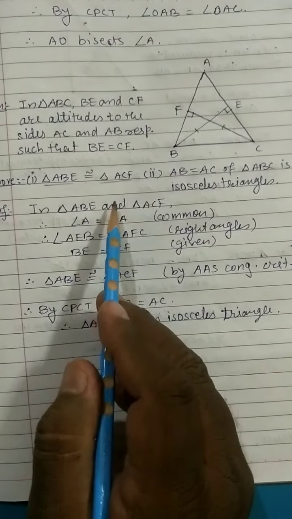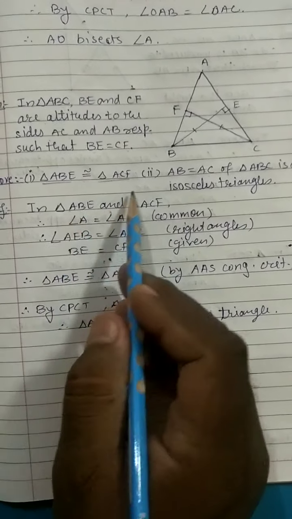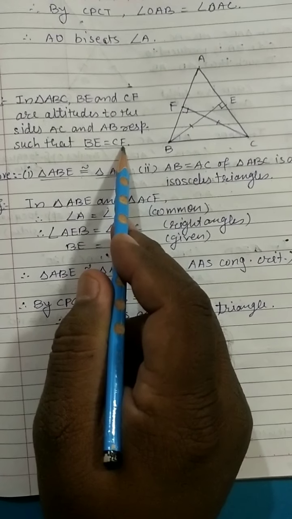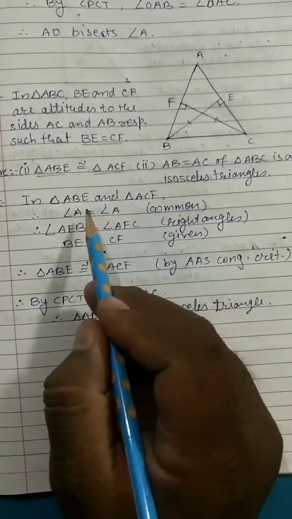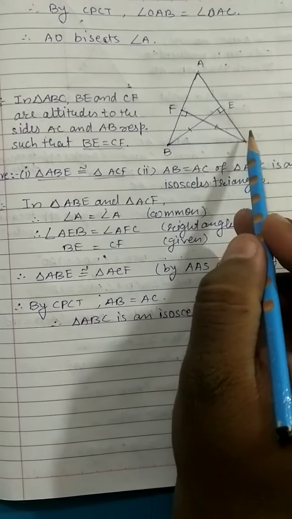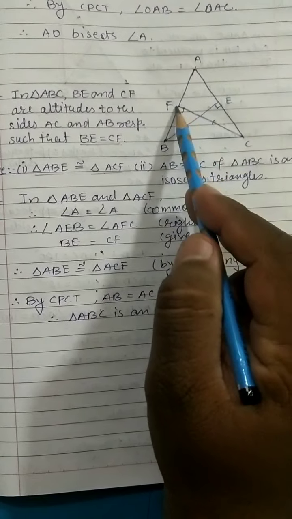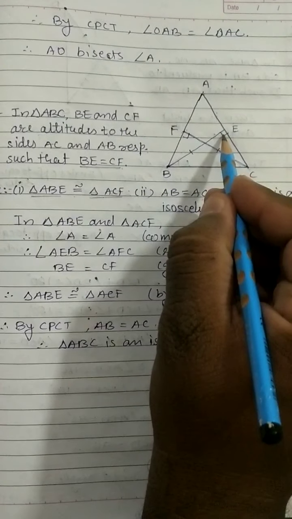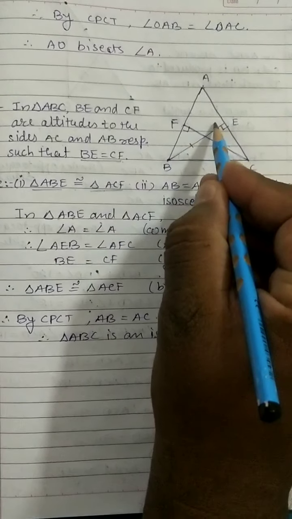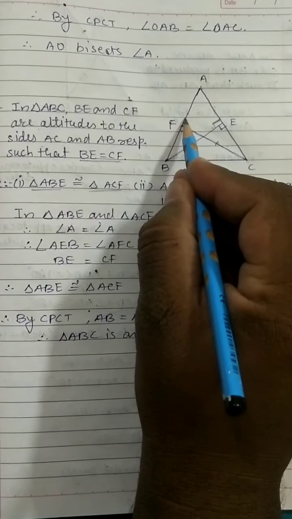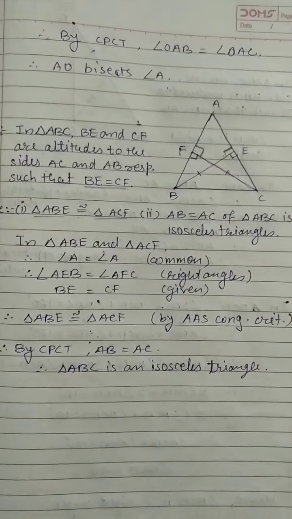Okay, now check, take two triangles in which this BE and CF will come, that is triangle ABE and triangle AFC, right? And you can also check, if this angle is 90 due to altitude, so this is also 90, and if this angle is 90, then this is also 90, right?